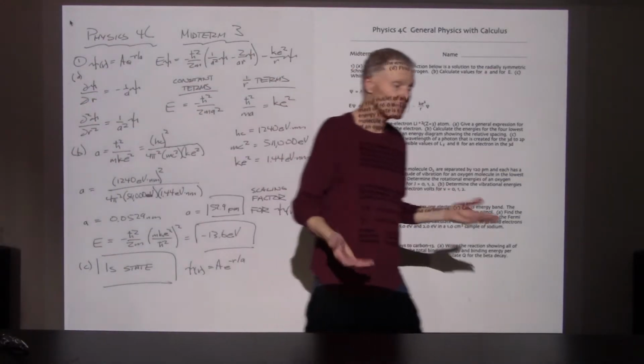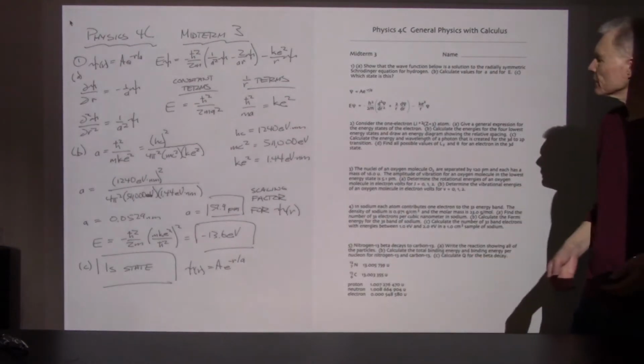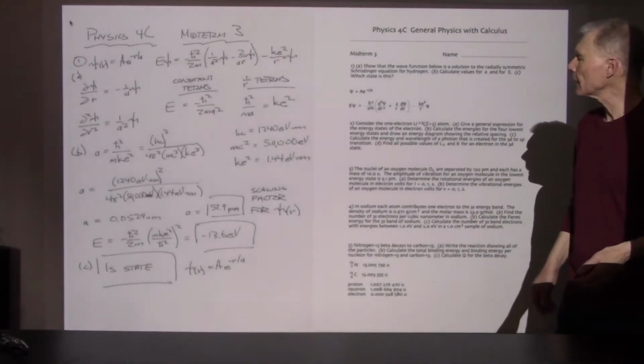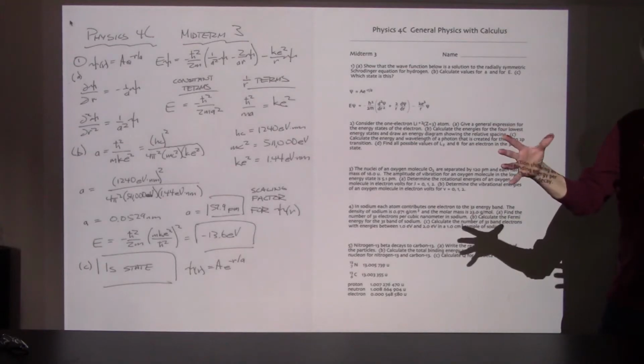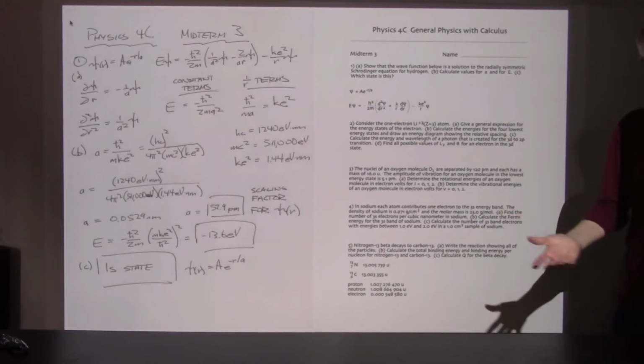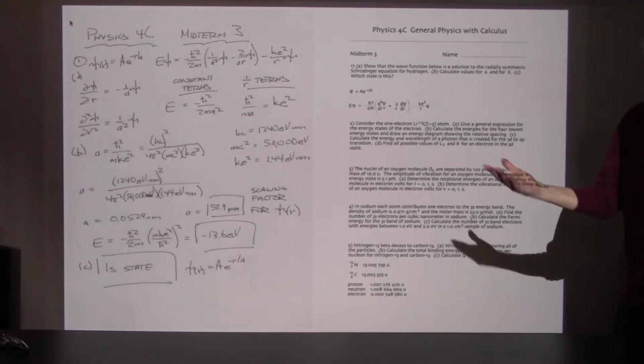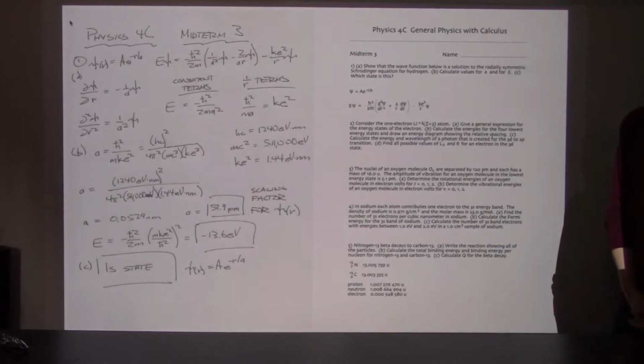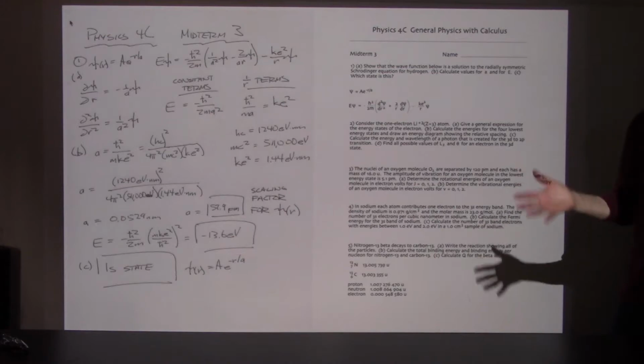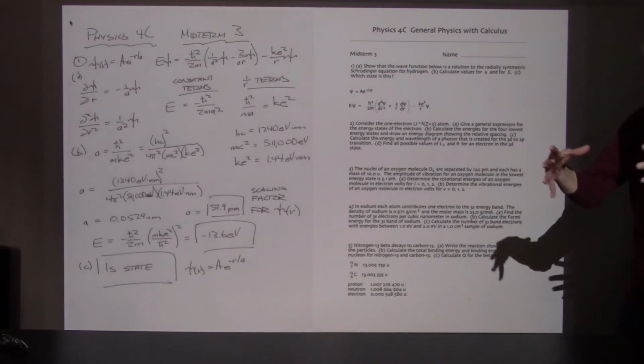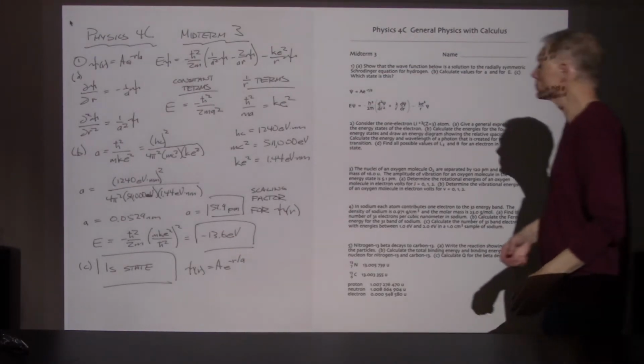So that's kind of interesting. It physically tells us that the size of atoms depends on the strength of the electric force. If the electric force were stronger, atoms would be smaller. The electron wave functions would be pulled closer to the nucleus.